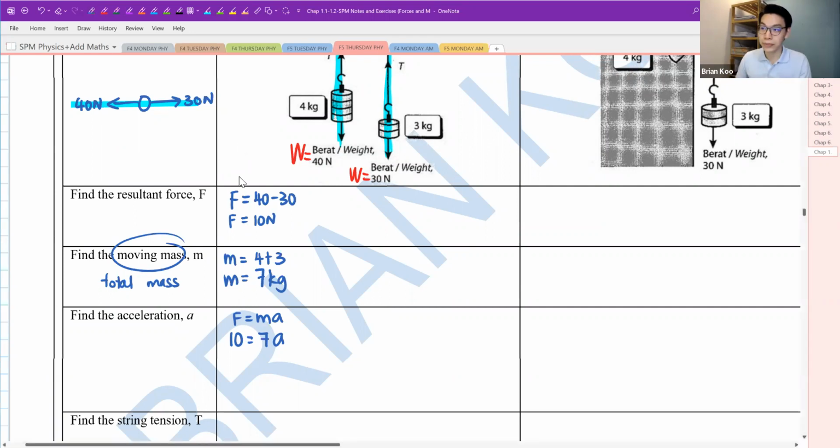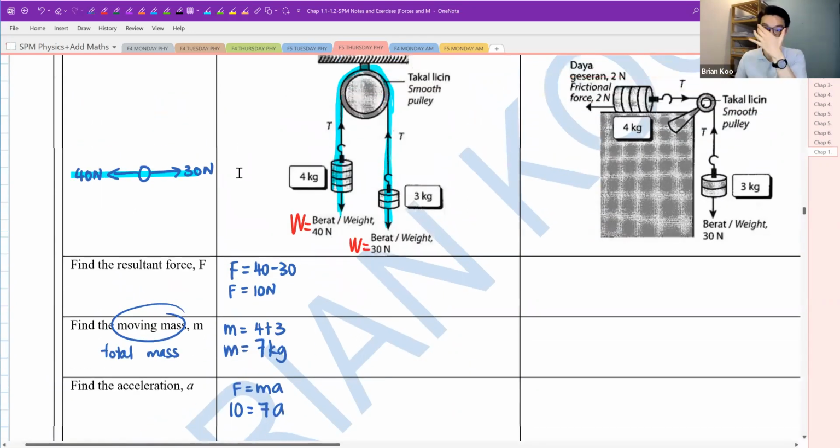No, you think like this. The resultant force is pulling what? Everything that it pulls should be included. Every single mass that the force pulls needs to be included. The resultant force is to see what is the stronger force and who will win eventually. But that force is not pulling 4 kg only.